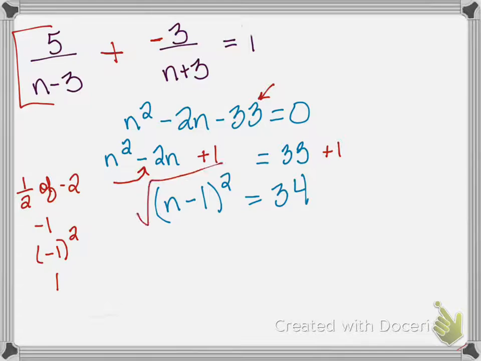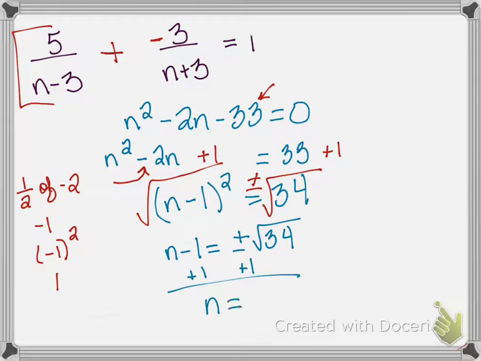When I take the square root of my right-hand side, what do I have to put in front of it? Plus and minus. Good. So now I have n minus 1 equals plus or minus the square root of 34. My last step is to bring that 1 over, and I have n equals 1 plus or minus the square root of 34. And that right there is my final answer.